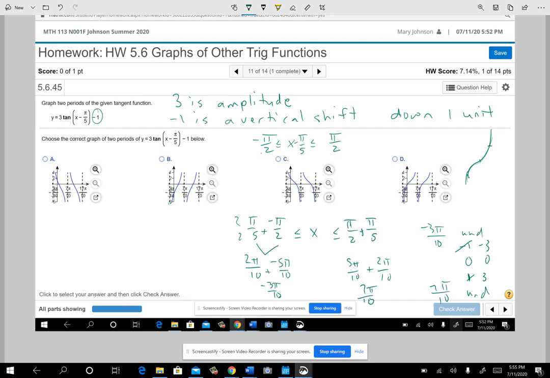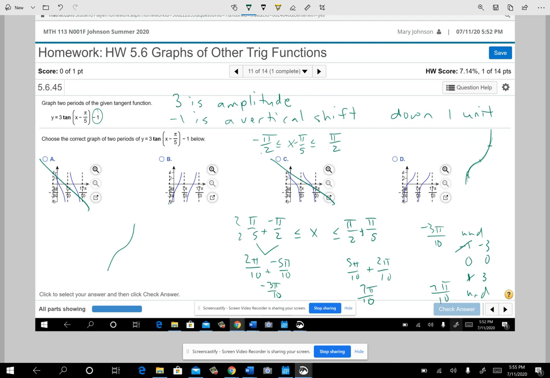All right, so our tangent should look like this. So that means we can rule out A, and we can rule out C, because we're doing tangent. So that means it's going to be between B and D.